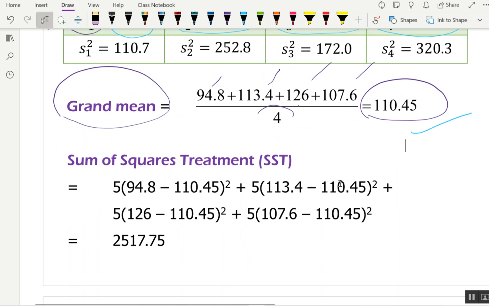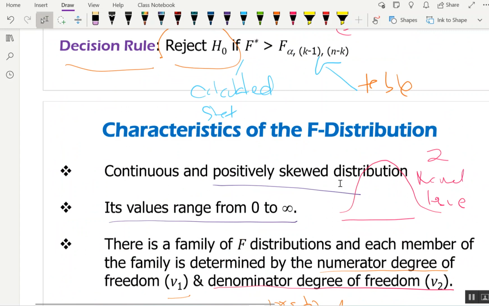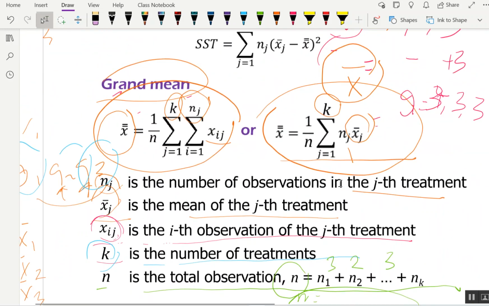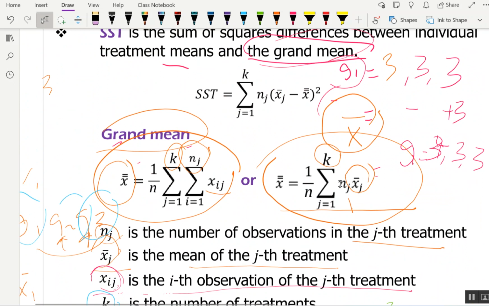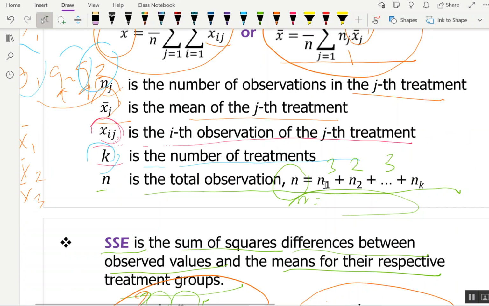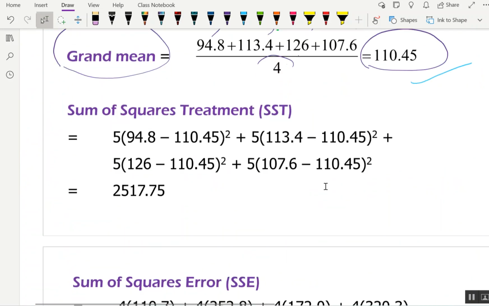Now we go into the SST, the sum of squared treatment. What is the formula for the sum of squared treatment? For SST, you take the n, which is the group sample size, and you take the group mean minus the grand mean, squared. Basically you take this for sample 1.